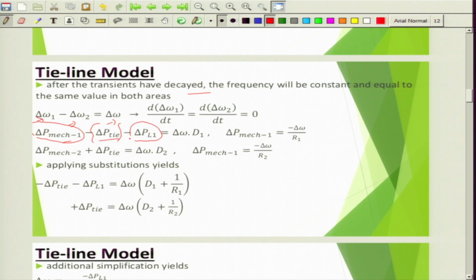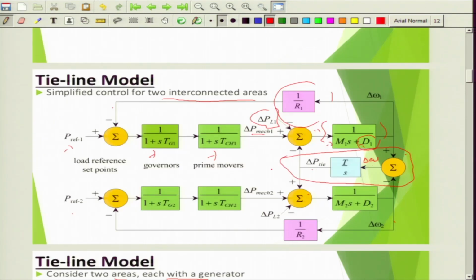So that is equal to delta omega into D1. How are we getting this value? From the previous tie line model, you can see delta P mechanical 1 minus delta PL1 minus delta PTI into 1 by M1S plus D1 is equal to delta omega 1.